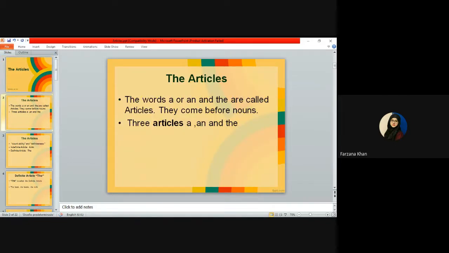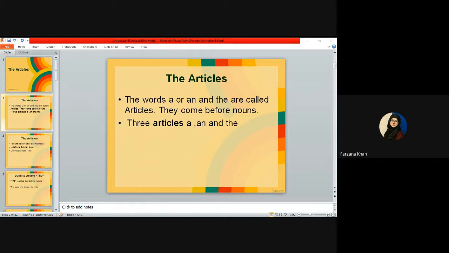Well, when we talk about articles, articles are special modifiers that appear before nouns or noun phrases. These are like adjectives because they help to clarify the meaning of the noun in the sentence. There are specifically two articles in the English language. One article is the and the other is a.